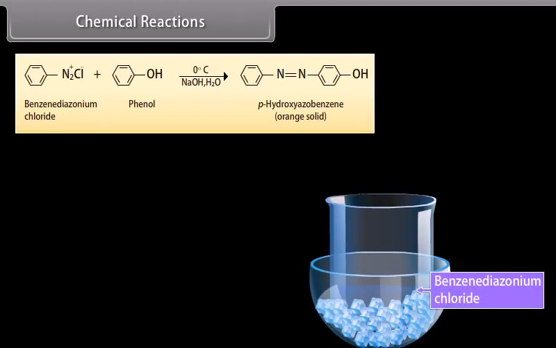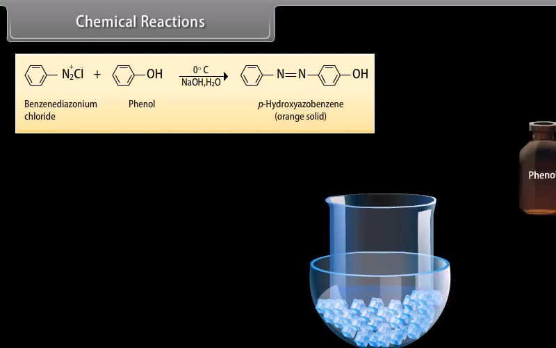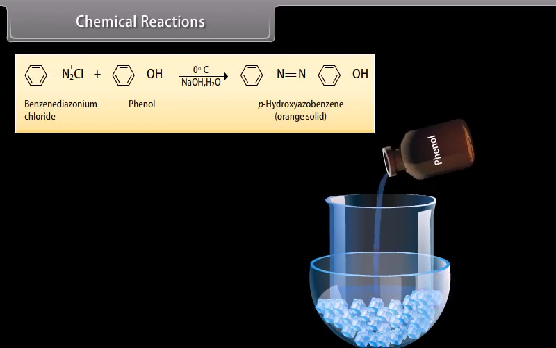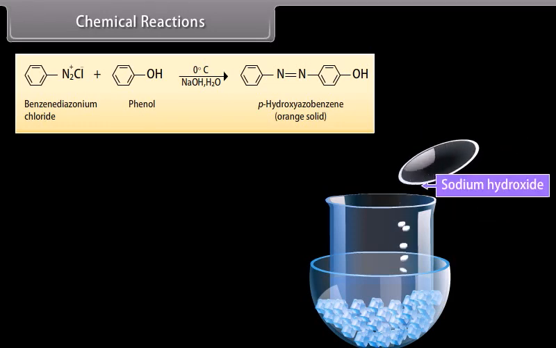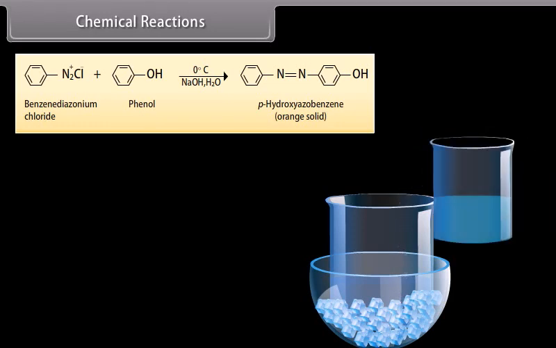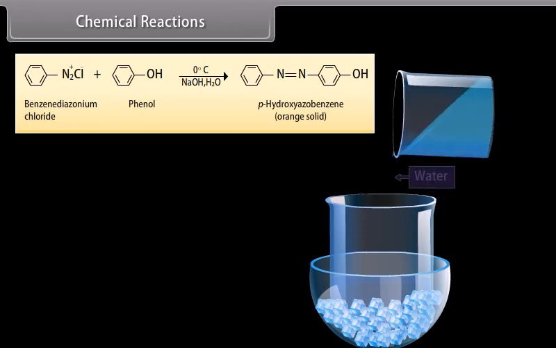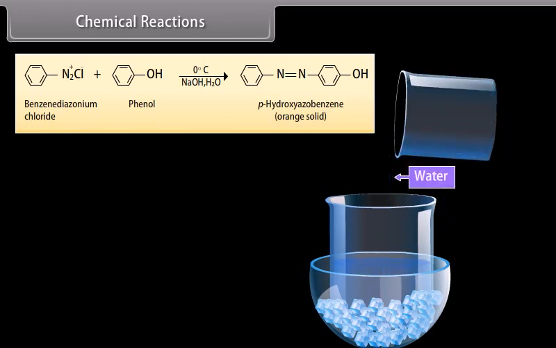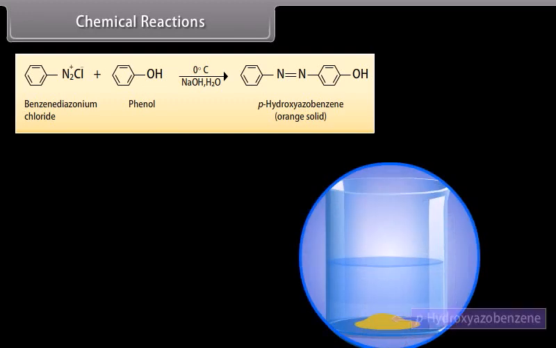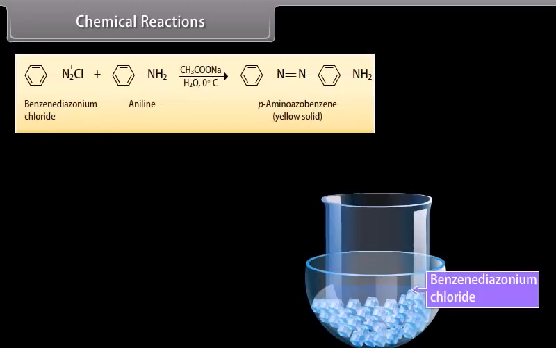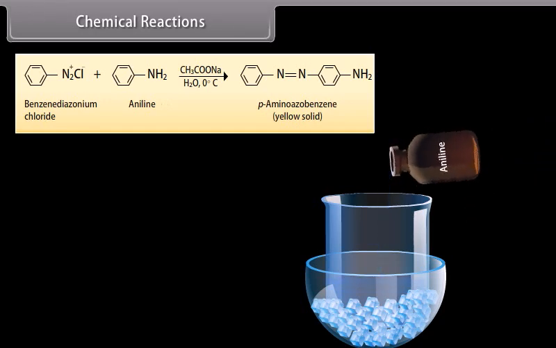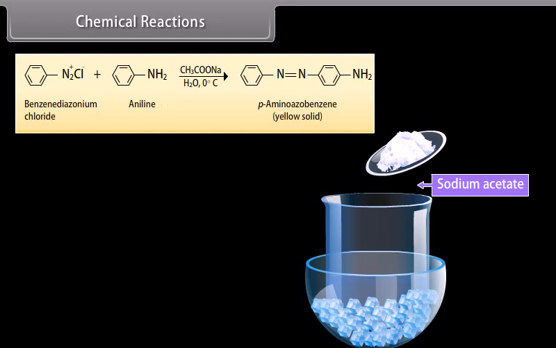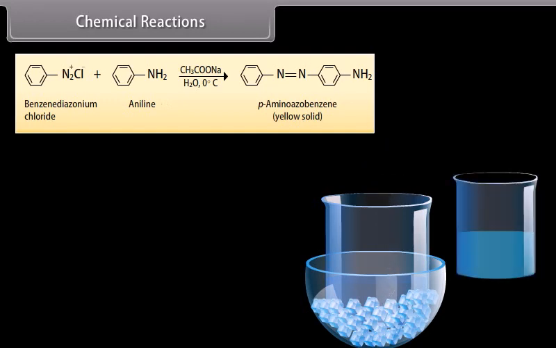Benzene diazonium chloride reacts with phenol in the presence of sodium hydroxide and water at 0 degrees Celsius, producing para-hydroxyazobenzene. Benzene diazonium chloride reacts with aniline in the presence of sodium acetate and water at 0 degrees Celsius, producing para-aminoazobenzene.